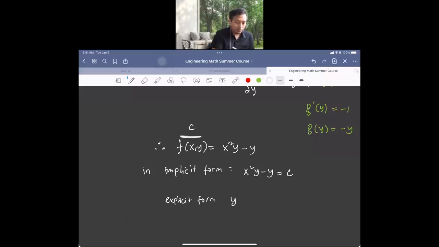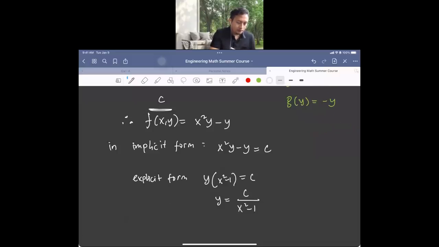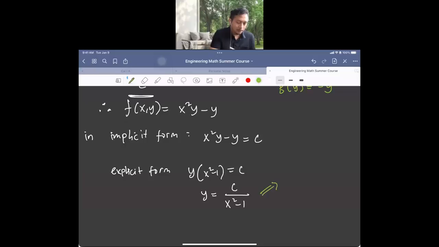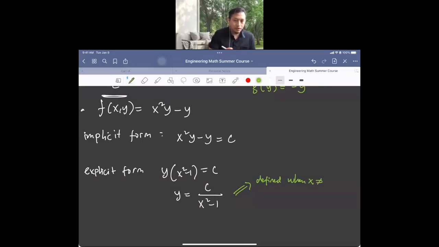Explicit form means y equals something. So y times x squared minus 1 equals c. So y is c over x squared minus 1. And it is defined when x is not equal to positive or negative 1.